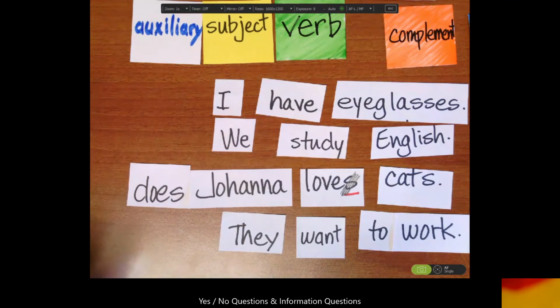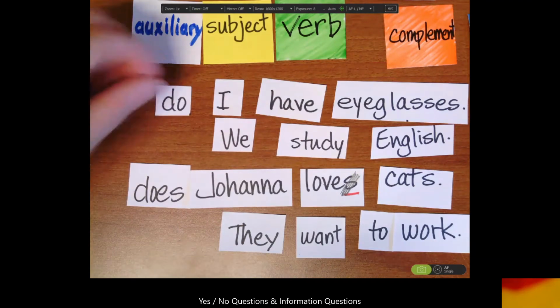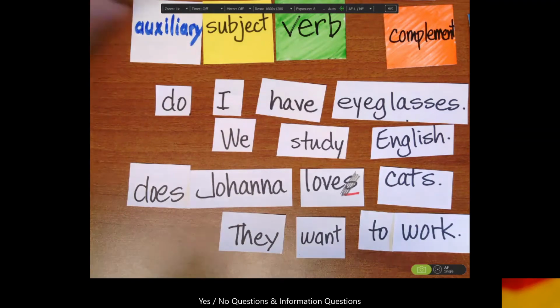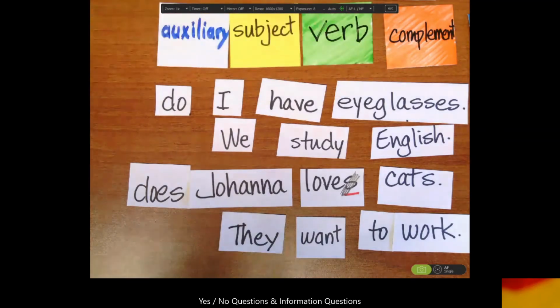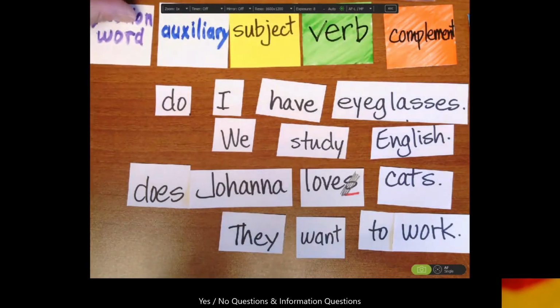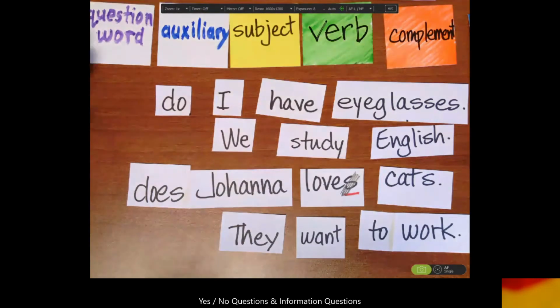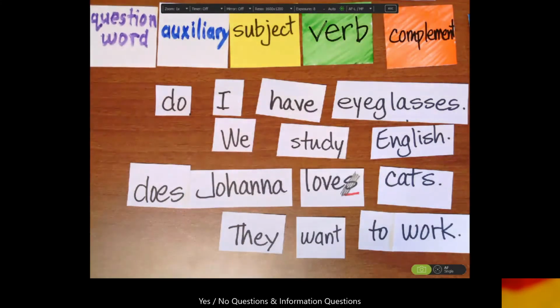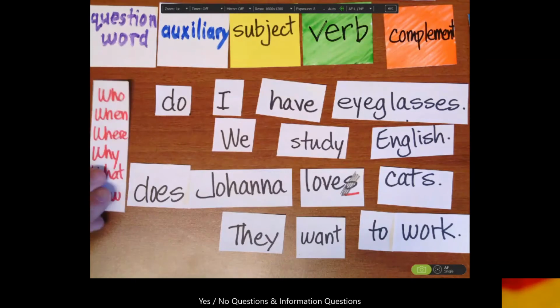In order to make an information question, it's really, really easy. You just need to add, I'm going to move these over, a question word. And a question word would be words such as who, when, where, why, what, how.